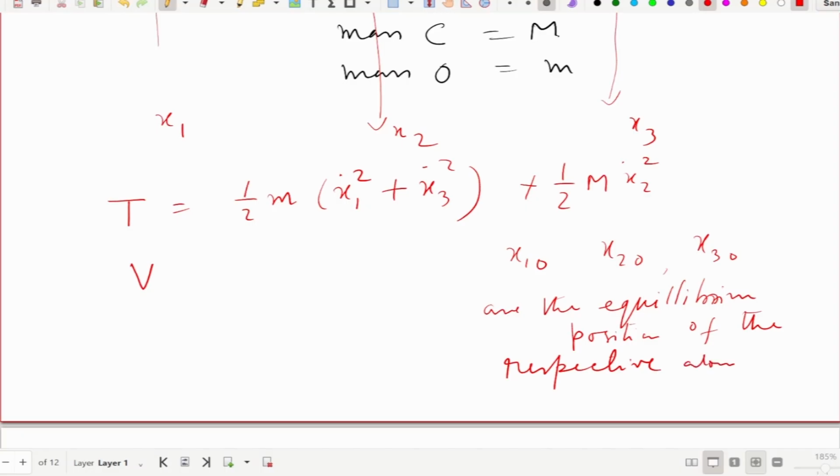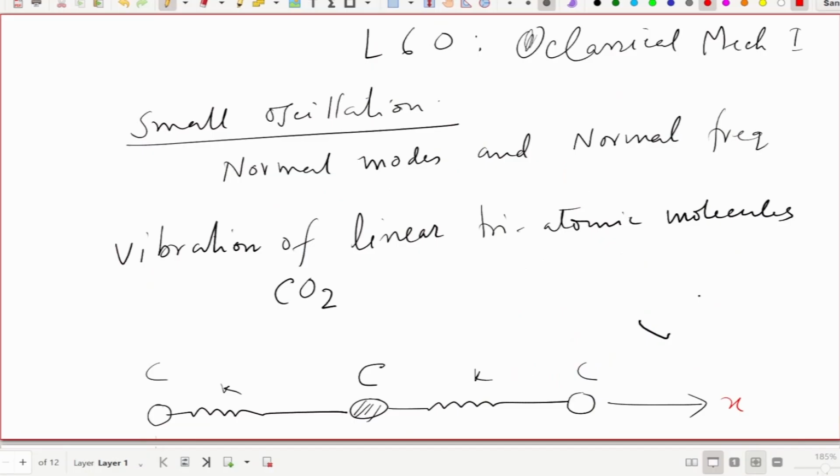The potential energy due to the springs: there are two springs, so there will be two potential energy terms. This potential energy will be half k x 2 minus x 1 whole square plus half k x 3 minus x 2 whole square.